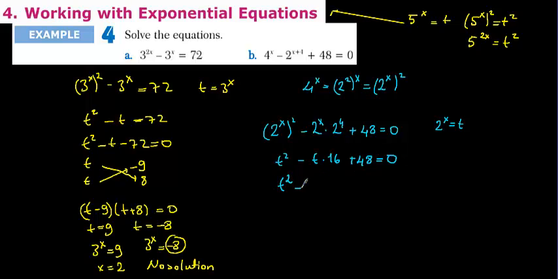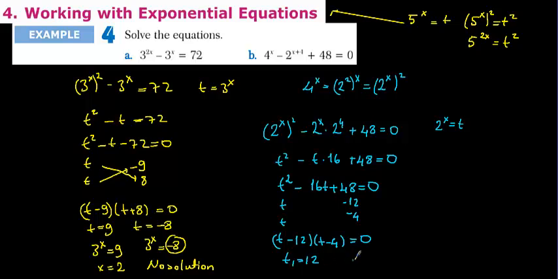This is going to be t squared minus 16t plus 48 equals 0. t squared, minus 12 and minus 4, it seems. Minus 12 times minus 4 is going to be equal to 48, and the sum is minus 16. So the factorization t minus 12 times t minus 4 is going to be equal to 0. t1 is equal to 12, t2 is equal to 4.